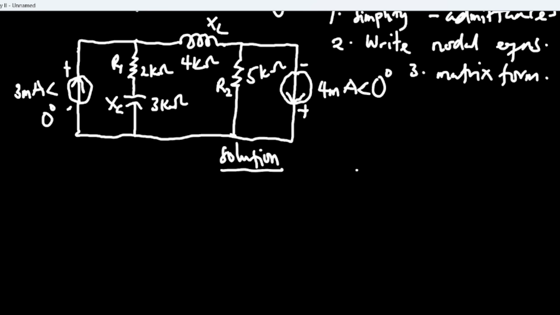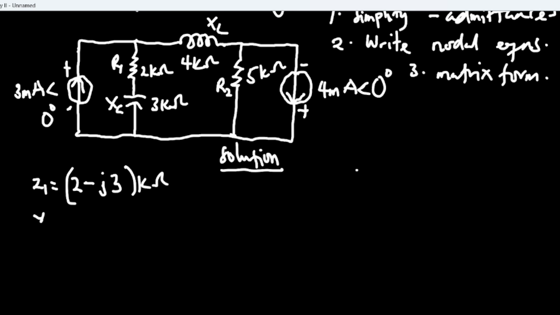To be on the safer side, you can find the impedance first, since admittance is equal to 1 over the impedance. So Z1 is equal to R1, that's 2 kilo ohms, minus J3 kilo ohms.